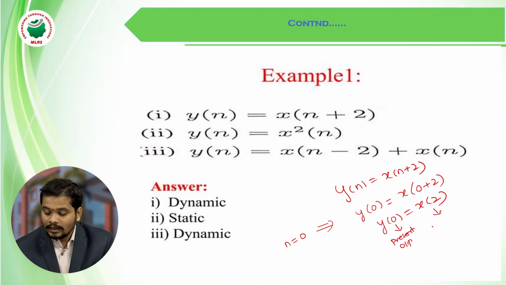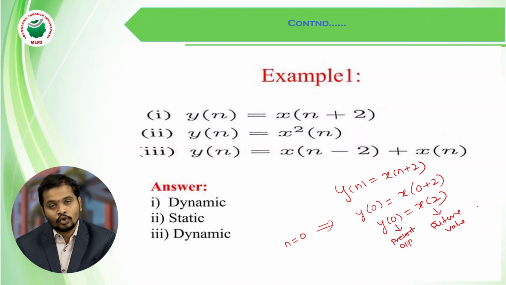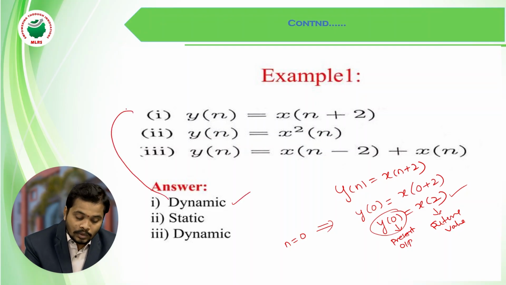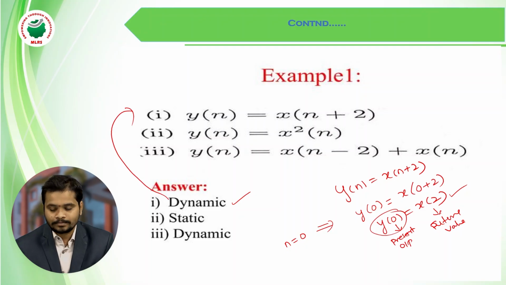This x of 2 is a future value. It is not at the 0 sample but at sample 2. For getting y of 0, it needs sample 2 of the input. So it depends upon future values. That's why the first one is called a dynamic system.